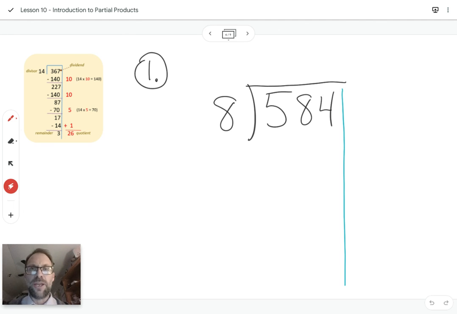If you don't want to do it, just write the word pass in the answer box in Edpuzzle, and I'll know that you chose not to do it, and it won't count against you. Okay? So go ahead, do this problem, write the answer in the answer box in Edpuzzle, move on to the next problem, and repeat the process until you're done. Let's do this. Let me know if you need help. Good luck.